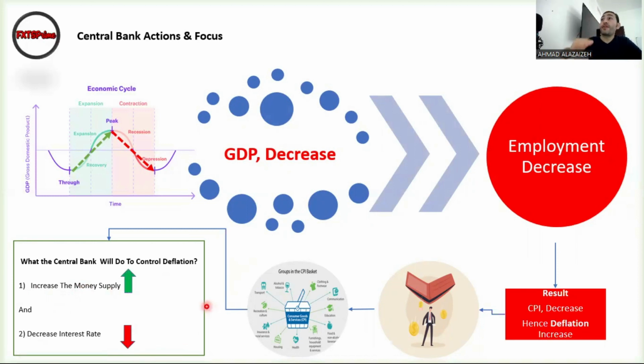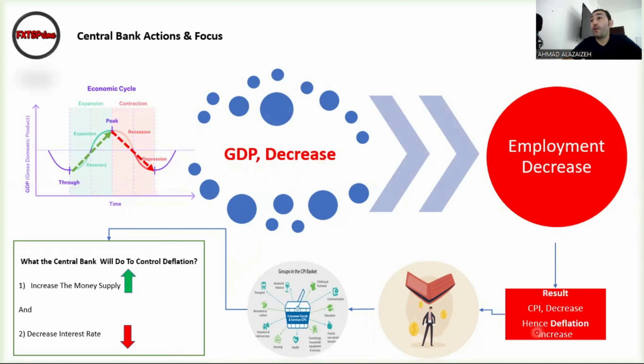Hence, the value of the money will go down because you are going to increase the amount of money in the market while you have the same goods and services produced. So the money will be bigger than the goods and services, then the value of the money will go down and the value of the goods and services will go up. So in this time, when you have deflation and a decrease in the GDP, the bank will not focus on the CPI.